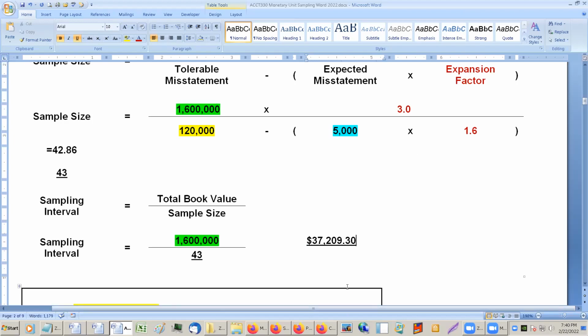How did you get the 43 items? When you do this out here, it should come out to 42.86. Did you get this or no? Multiplying the... Yes. Let me do it here. The top part would have come out to 4,800,000.